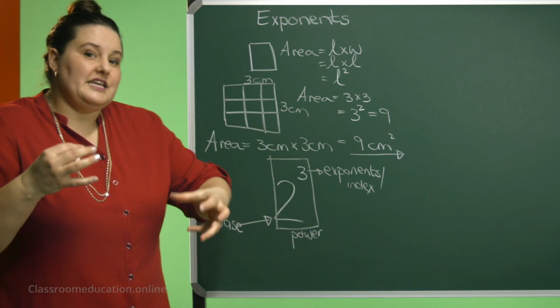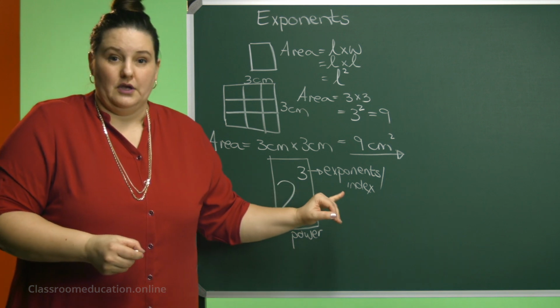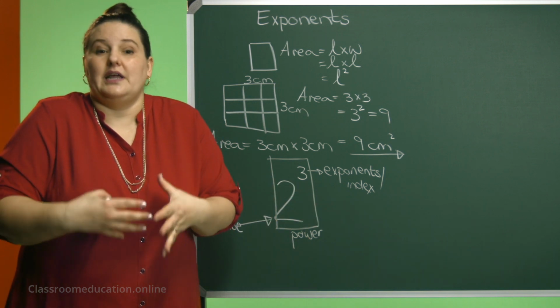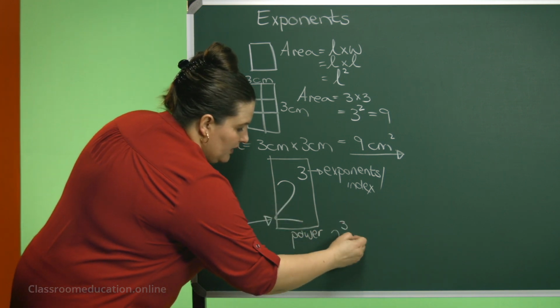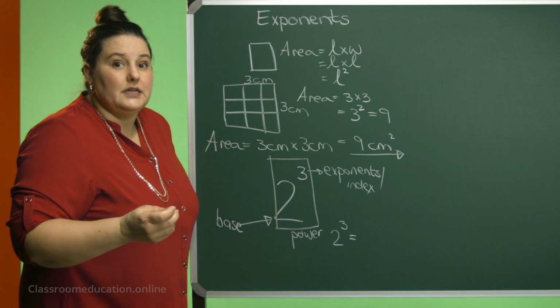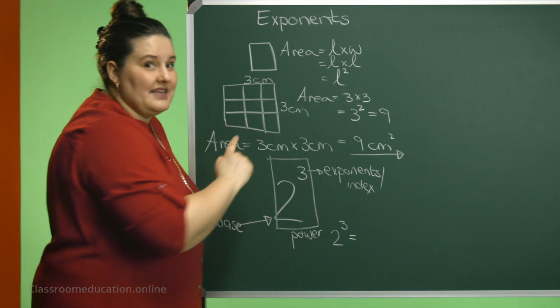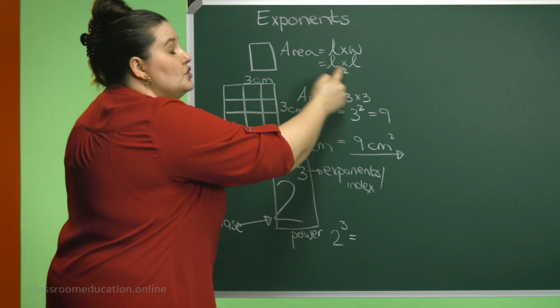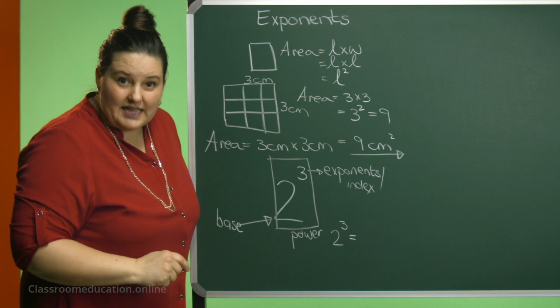So, if I need to determine the value of 2 cubed, how can I go about it? How can I write it? Let's see. 2 cubed will be the same as, remember, we had length times length, and then we said it's length squared with a little 2, because we had 2 lengths there.